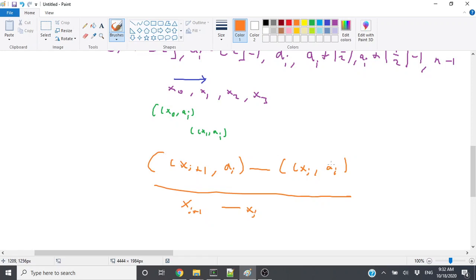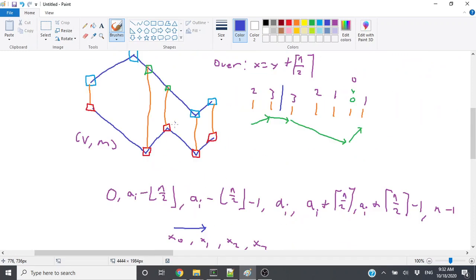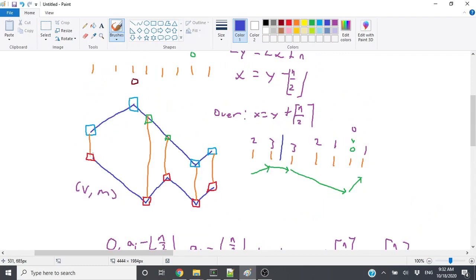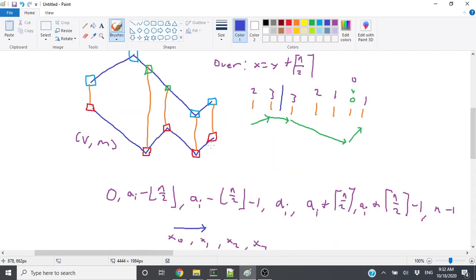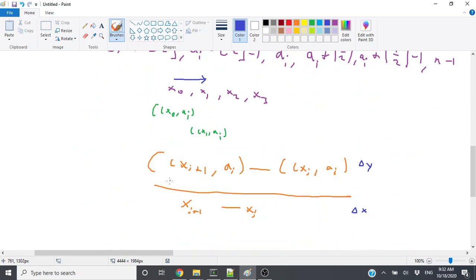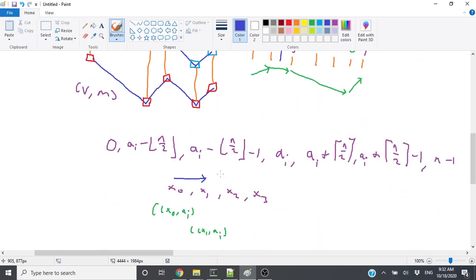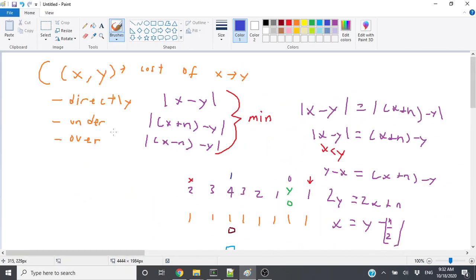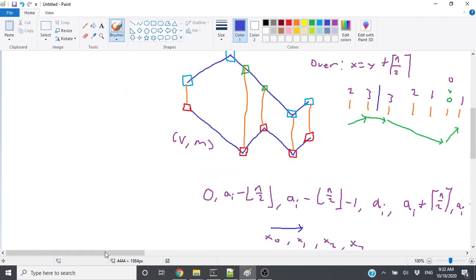This is the difference in y, this is the difference in x. This is the slope between these. And now we have all we need to construct this function. We have the interesting points, we have the slopes between them, and we have their function values themselves. It's simply the minimum of these 3.